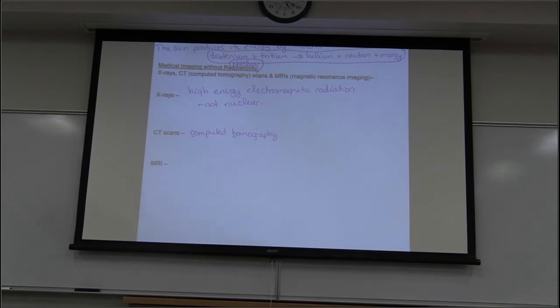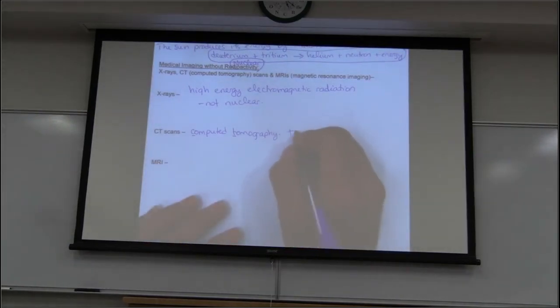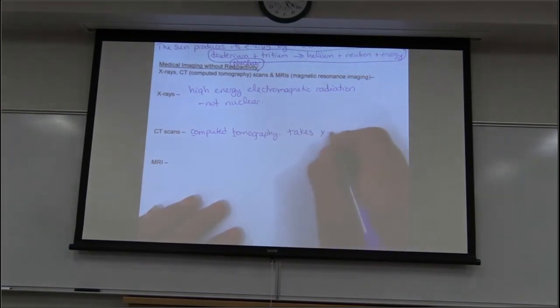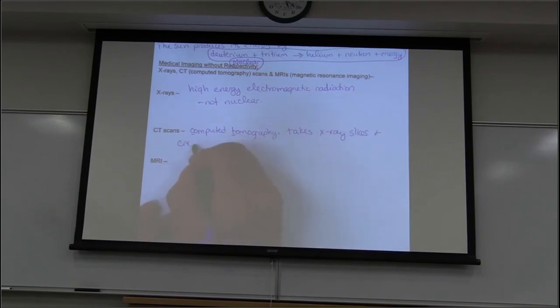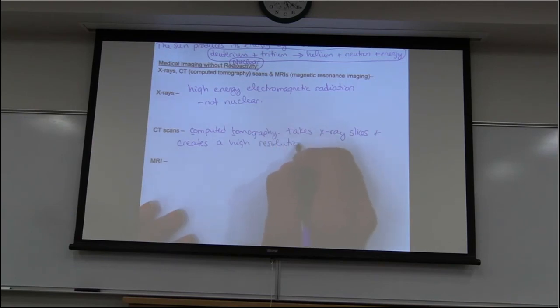That's a kind of broad, crazy definition of a CT scan. But it's made with X-ray slices. It takes X-ray slices and creates a high-resolution image.